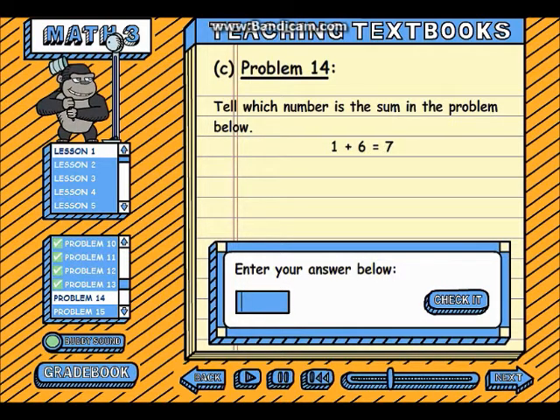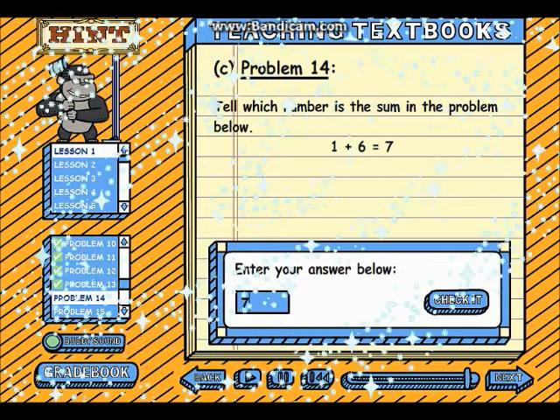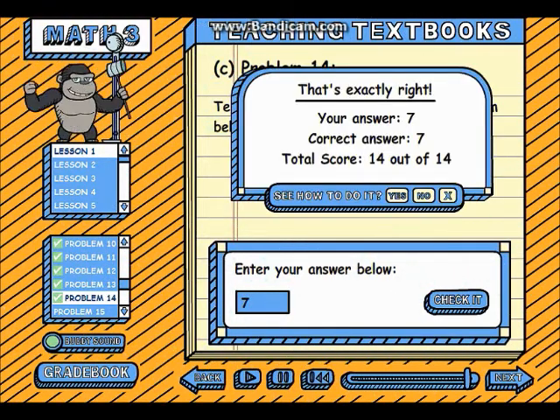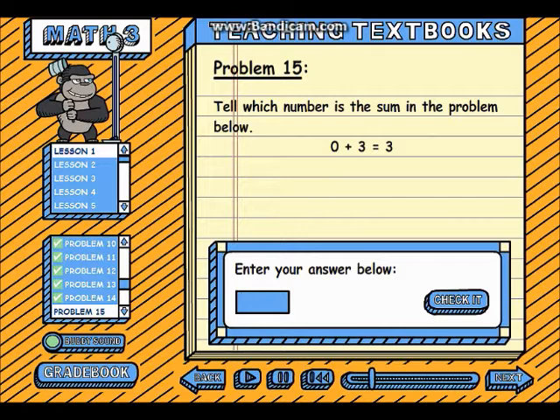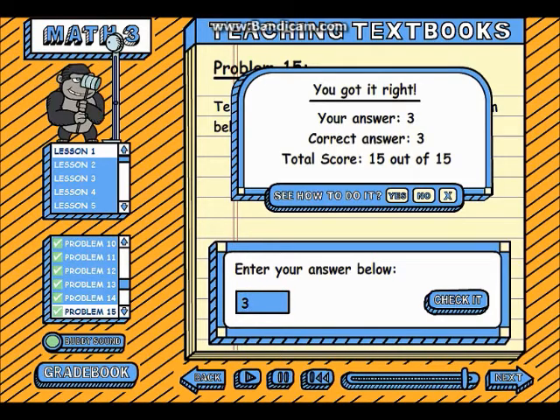Tell which number is the sum in the problem 1 plus 6 equals 7. Time out. Good job. Here, just tell which number is the sum in the problem 0 plus 3 equals 3. You did it.